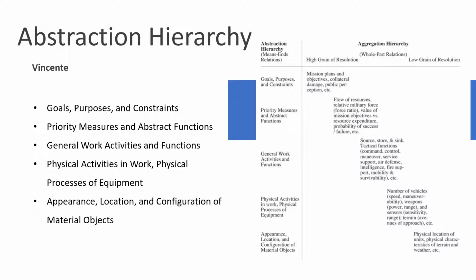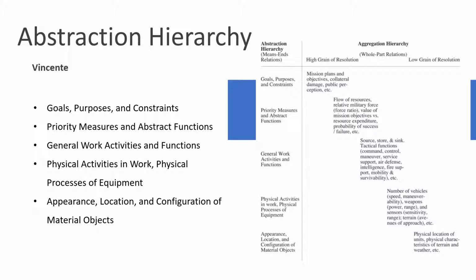described on the left. At the top level, there's goals, purposes, and constraints. This is just essentially how the system interacts with the external world. And then next, priority measures and abstract functions. This is the intended property and function of the system. Then general work activities and foundations.